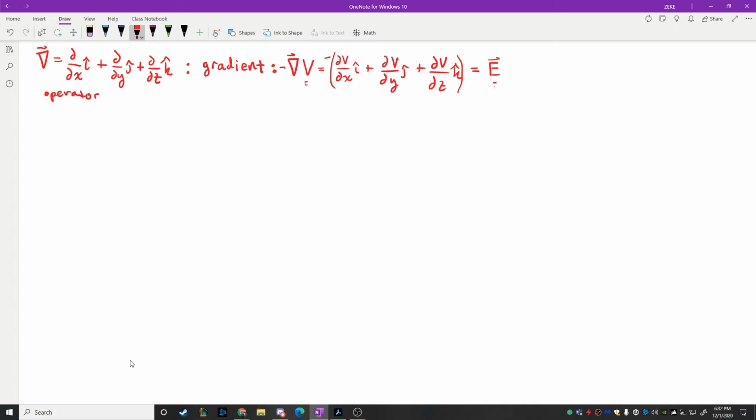Now, the word gradient is a really good word to describe what this thing actually does, because another example of how you could describe the gradient would be, imagine that you have a mountain, and you want to describe how slopey the mountain is, okay? Now, we know in mathematics how to describe the slope of a curve in 2 dimensions, right?